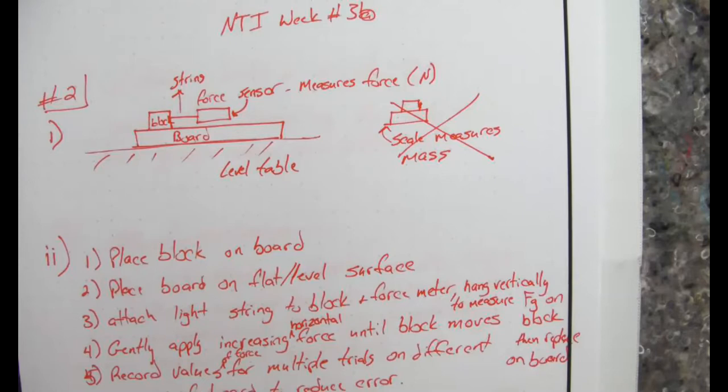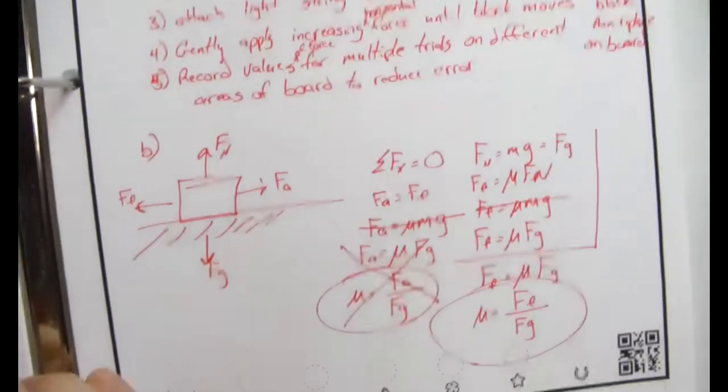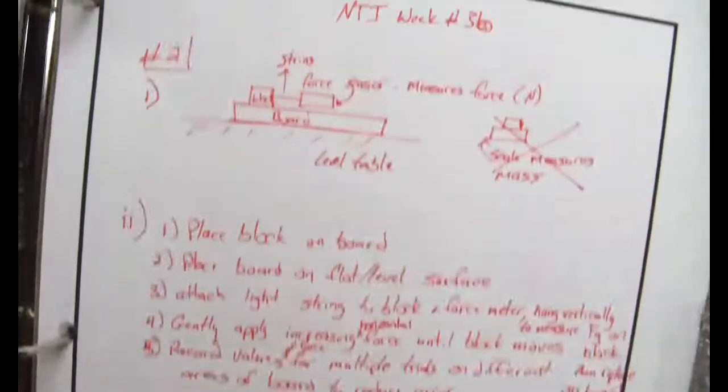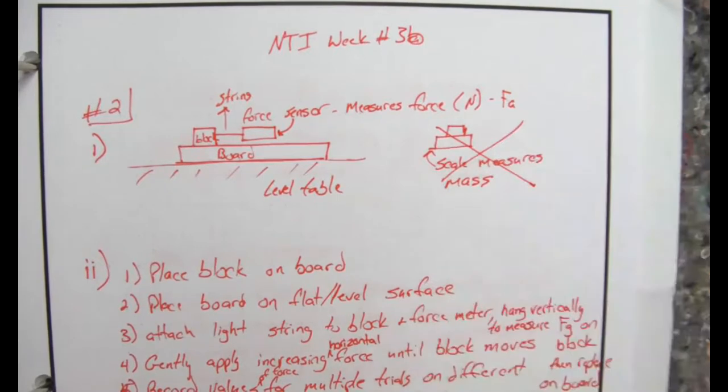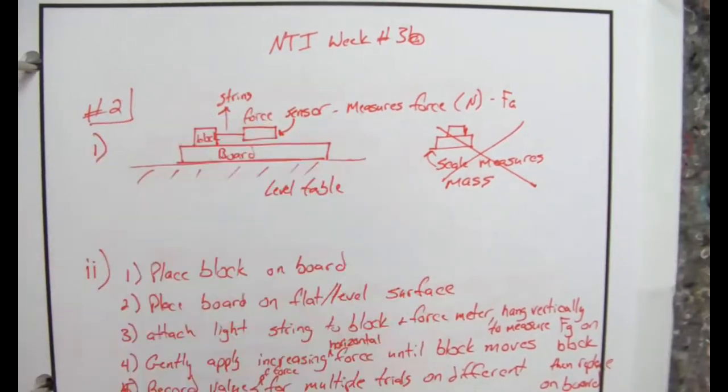I did not label my force of friction. So this, I see. So I've got force applied listed down here, but I do not have it listed up here. So that needs to be F of A. So I would not have gotten that point. I guess that's the only thing I need.